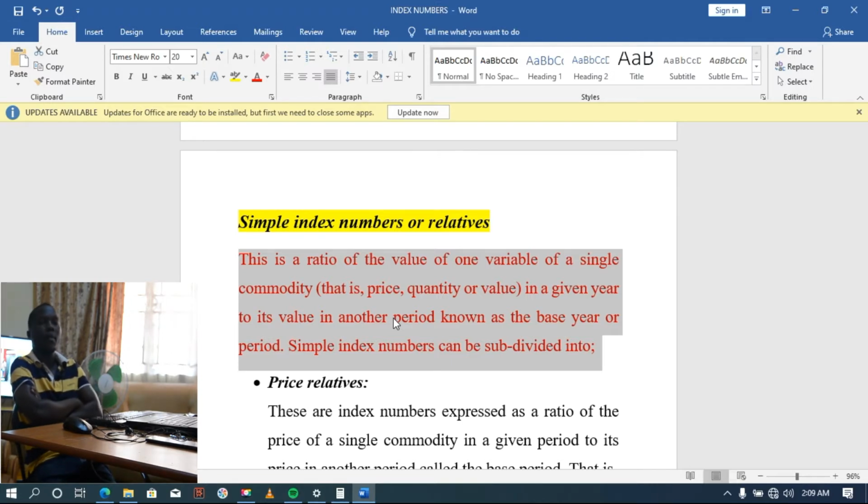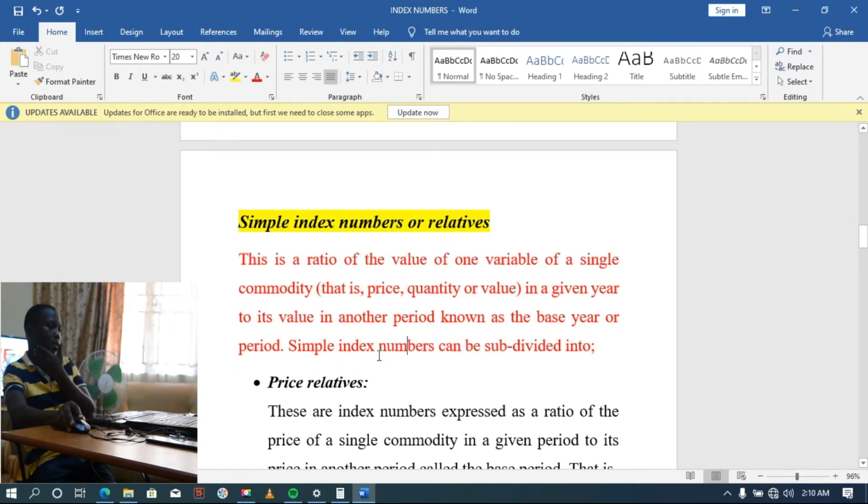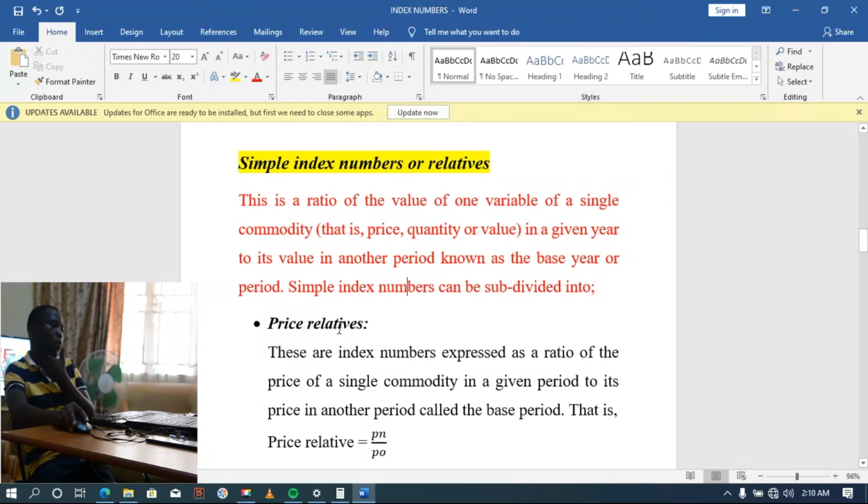Simple index numbers can be further divided into three categories: price relatives, quantity relatives, or value relatives. Price relatives only deal with prices of commodities, quantity relatives only deal with quantities or volumes demanded of a commodity, and value relatives look at the value of a commodity.